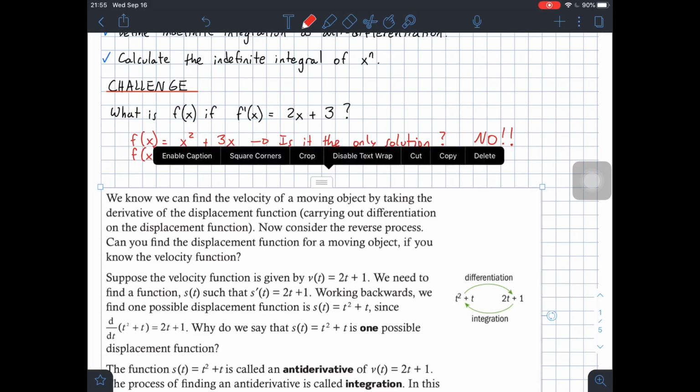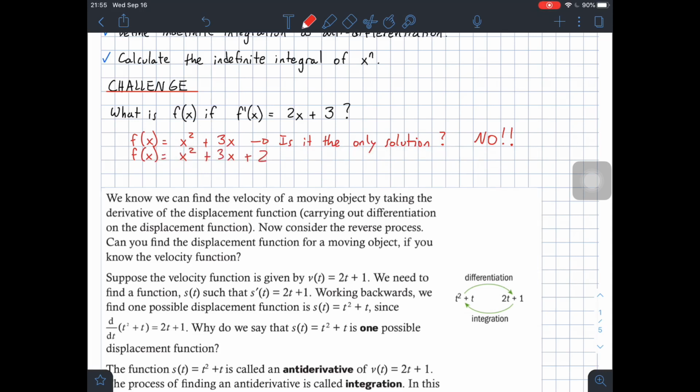So this is another possible solution, right? So that means that I can have infinite possible solutions, right? Because if I change this number, I can pick any number I want, and the derivative will always be this expression over here.